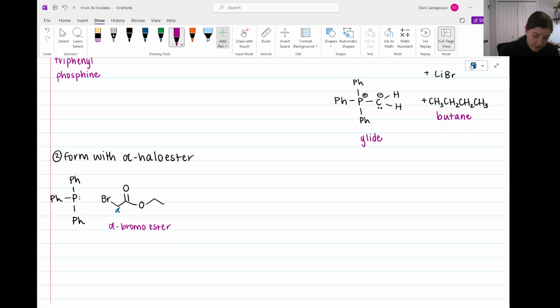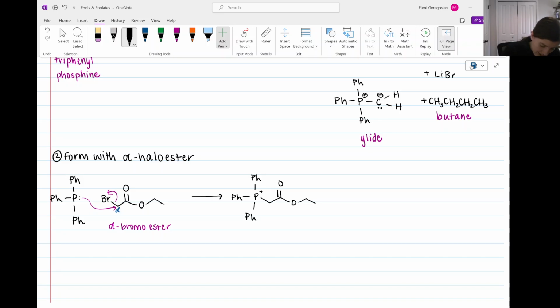Just like the previous reaction, the first step is a substitution where the phosphorus can bond to the alpha carbon and the bromine will leave. So now we have phosphorus bonded to the alpha carbon. The rest of the molecule is the same. And we have the 3 phenyl rings.